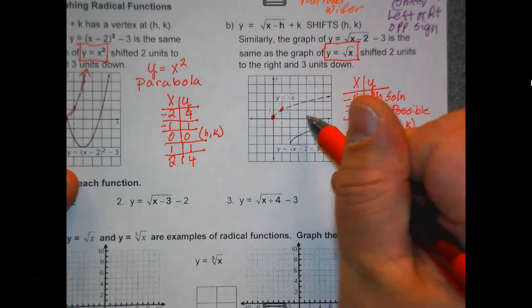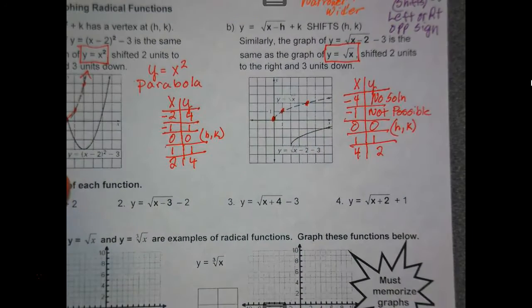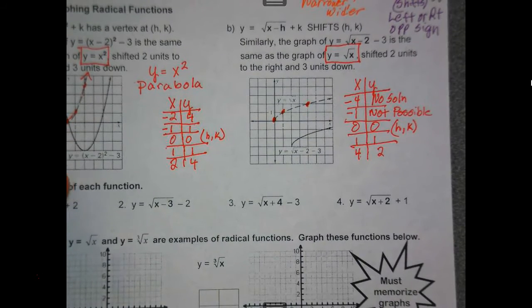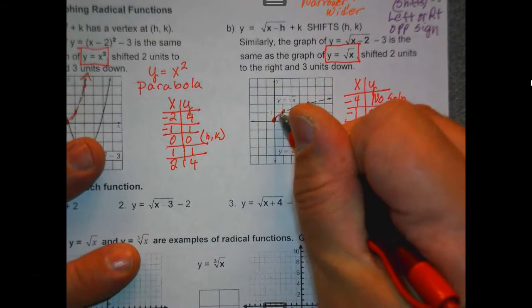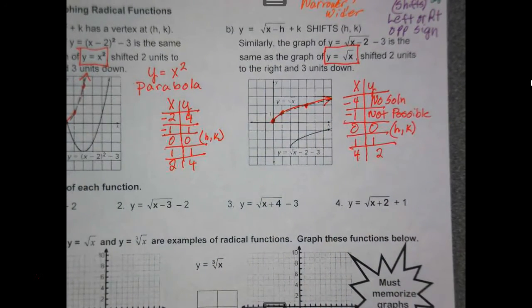Over 1, up 1; over 3, up 2. Give yourself at least 3 points here to make an accurate graph. There's my parent function, y equals the square root of x.